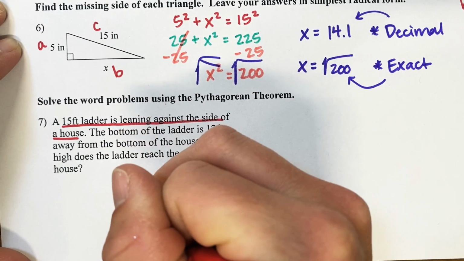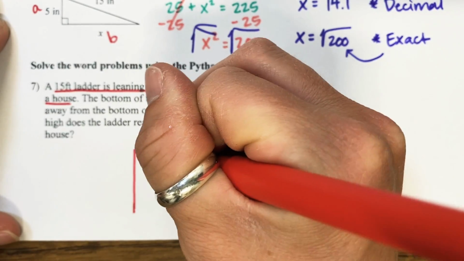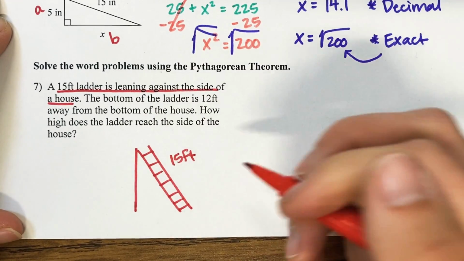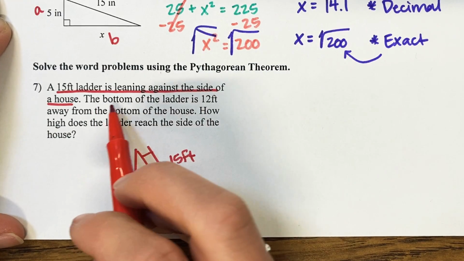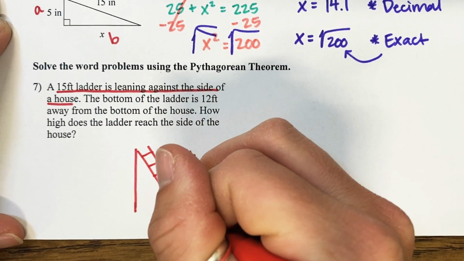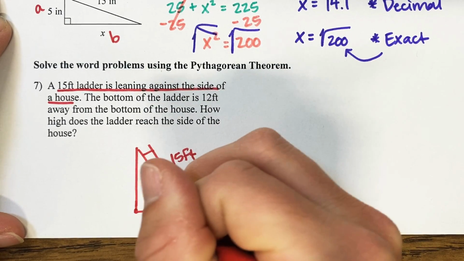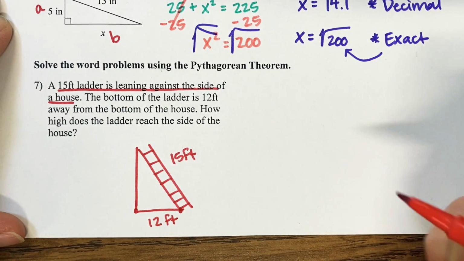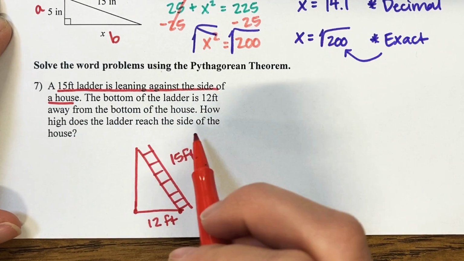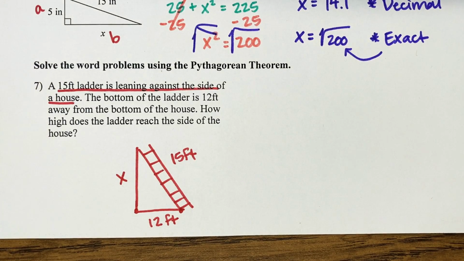It's leaning against the side of a house. Okay, so this is my side of my house. We know that the ladder is 15 feet tall. The bottom of the ladder is 12 feet away from the bottom of the house. So the bottom of the ladder to the bottom of the house is 12 feet. How high does the ladder reach the side of the house? Okay, so we're looking for how high right there.